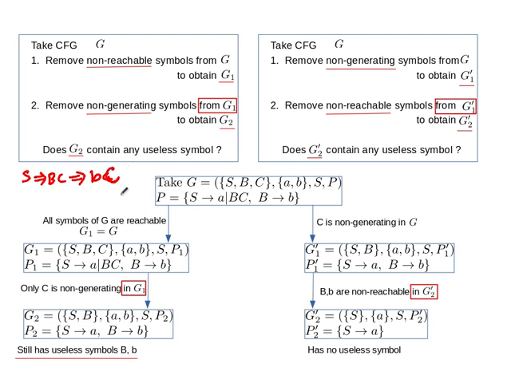So you see that all the symbols, B, C, A, b, everything is reachable. So we cannot remove anything at this step.